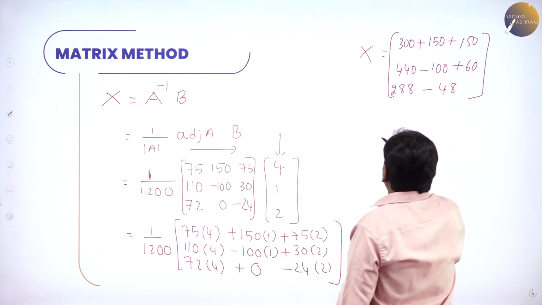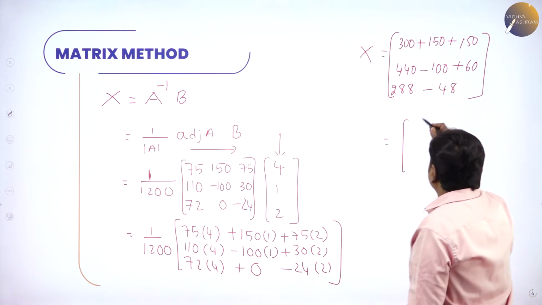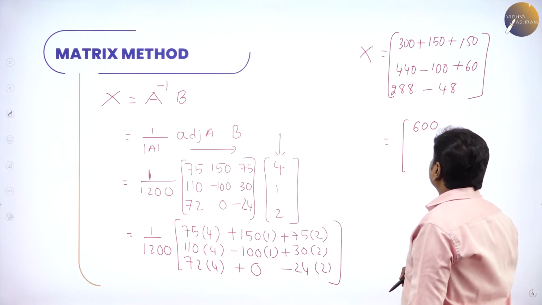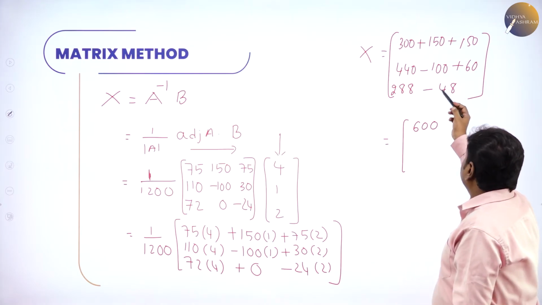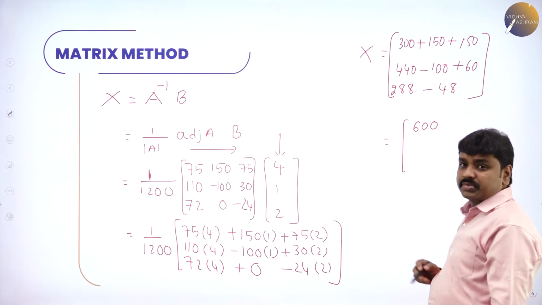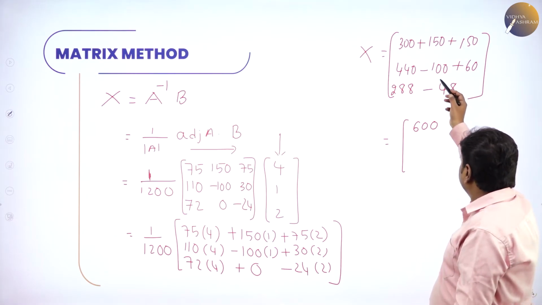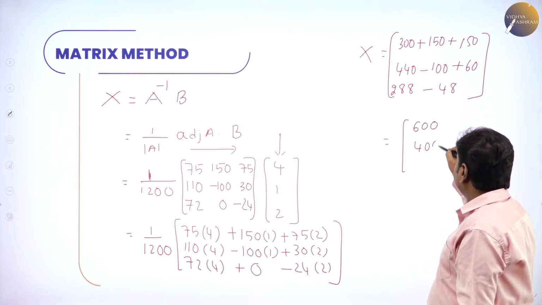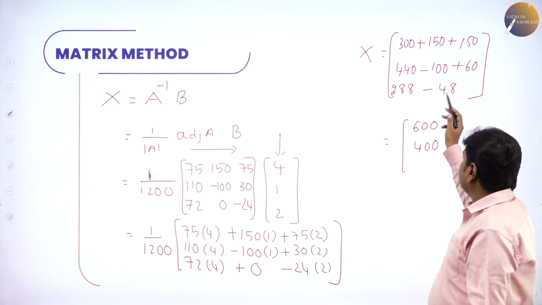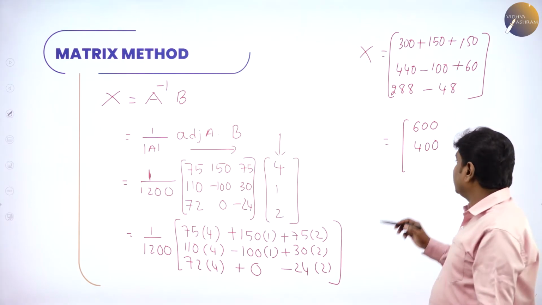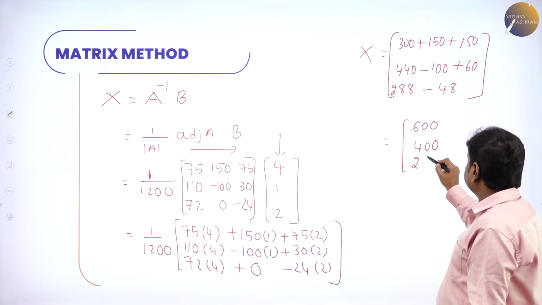So now these are the values after simplification. 300 plus 300 becomes 600. Then 440 plus 60 becomes 500. 500 minus 100 becomes 400. Then 288 minus 48 becomes 240.